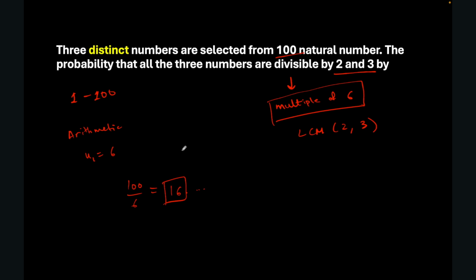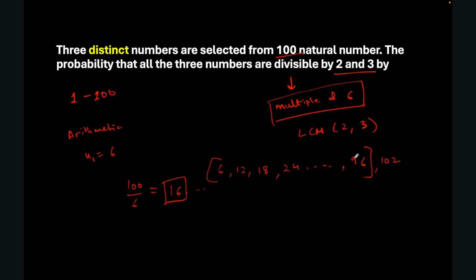So you have 6, 12, 18, 24, all the way down to 96, which is the last term, and the next term would be 102, which is more than 100. So you end up with 16. We know there are 16 numbers divisible by both 2 and 3, or multiples of 6. That's also an efficient way to work on it.